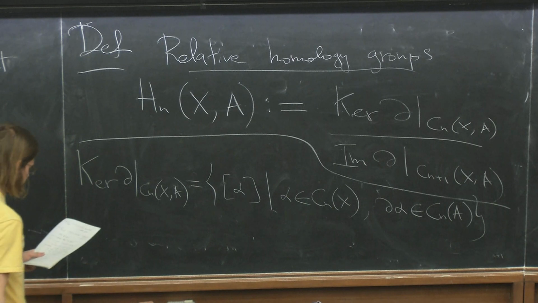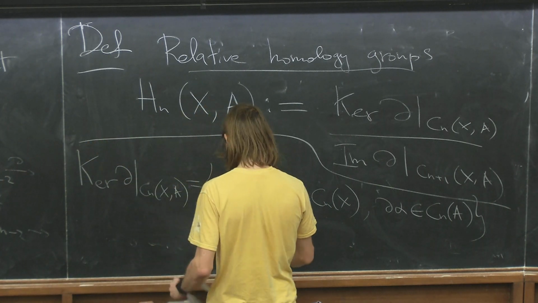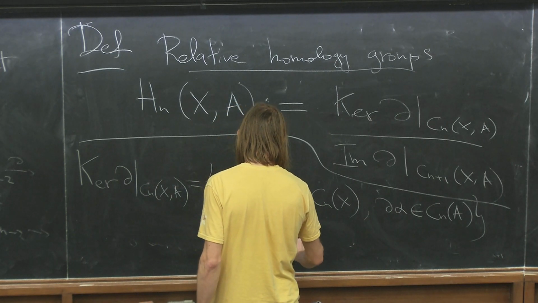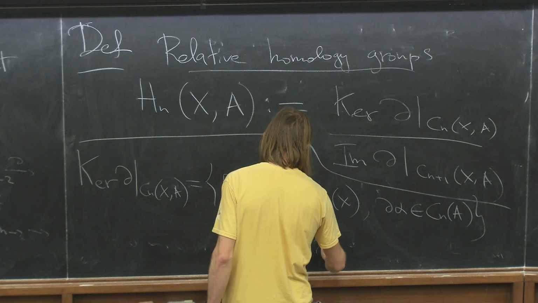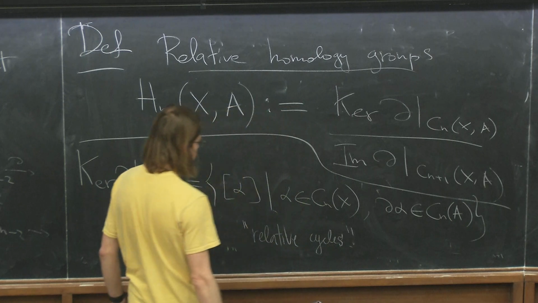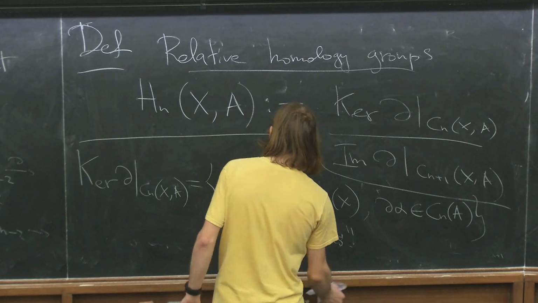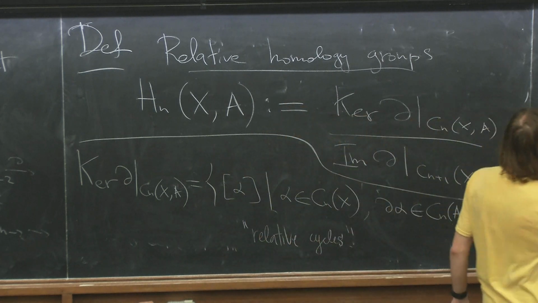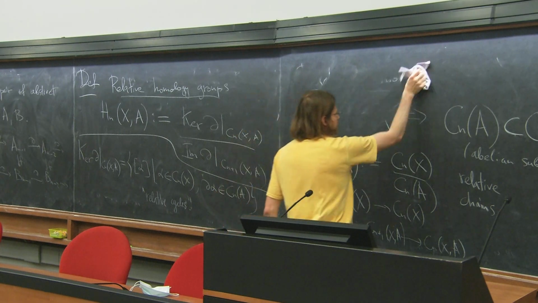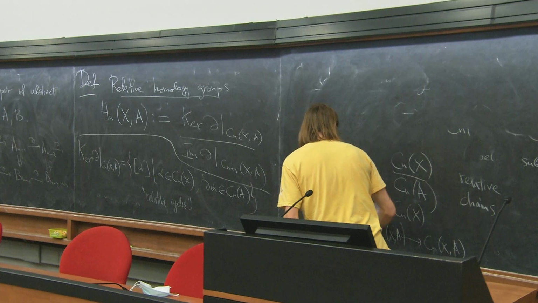And so such chains in A can be called relative cycles. So not the usual cycles in X, but the relative cycles. In particular, you can consider some kind of schematic picture of how one can understand this.